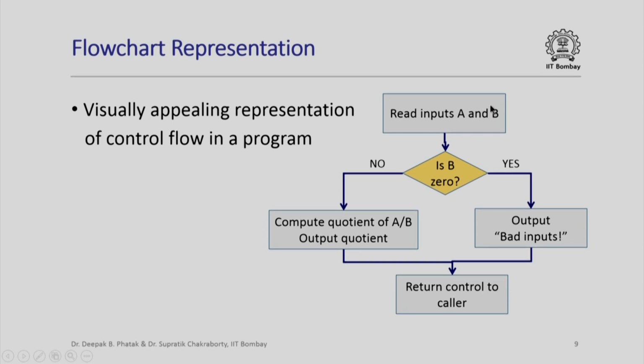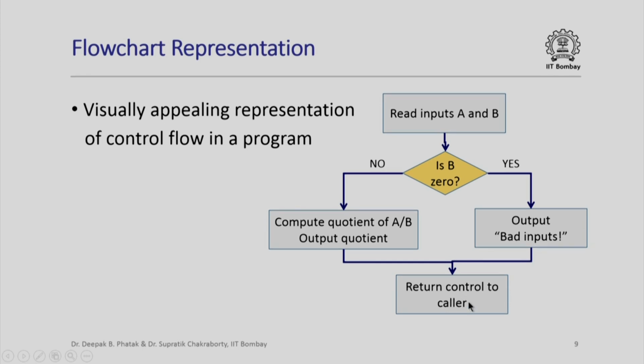We read inputs a and b. Groups of statements are often put in rectangular blocks, and this means that all the statements here are sequentially executed. Then we do a check: is b equal to 0? If the answer to that is yes, then we execute this block of statements where we output bad inputs and then come here and return control to the caller.